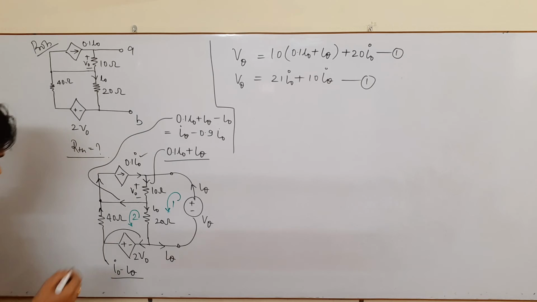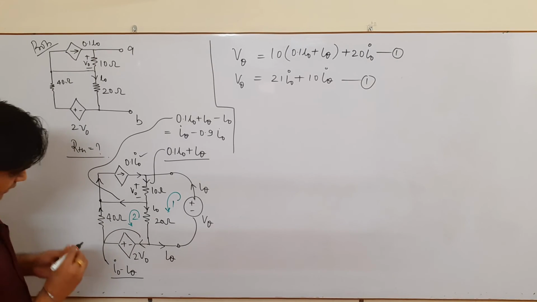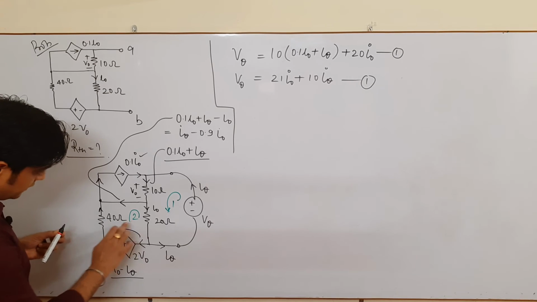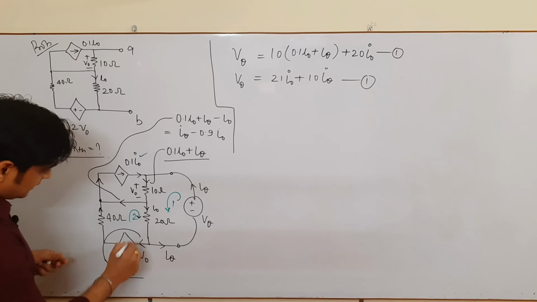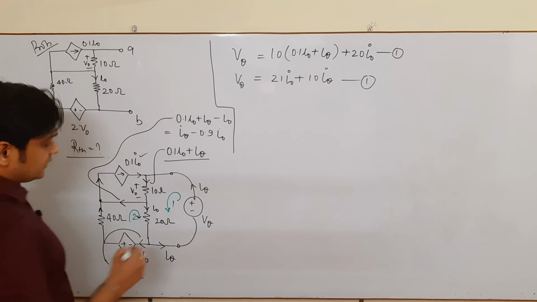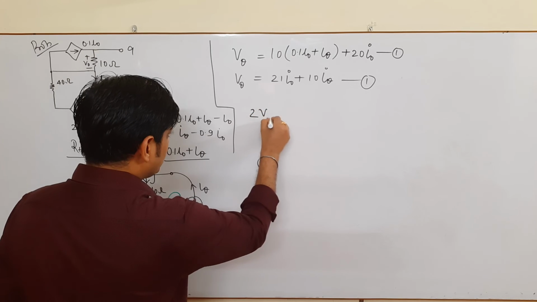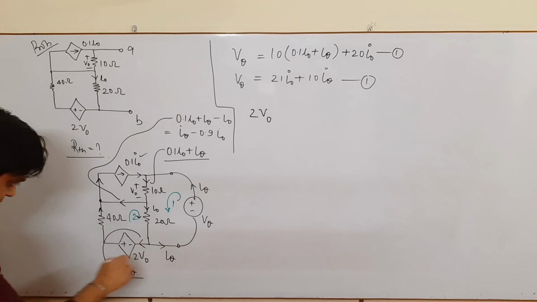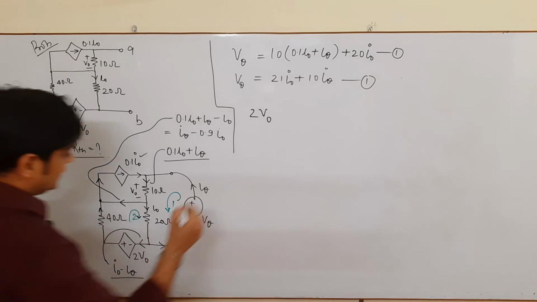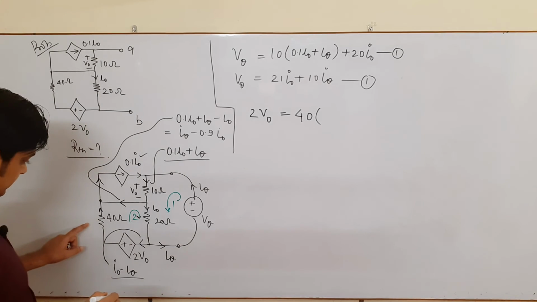Now we will talk about the second in this fashion. You can apply it in this fashion also, just for an easier way. So that comes to be minus 2 plus 2 V naught, that is equal to 40 into, what is the current here?